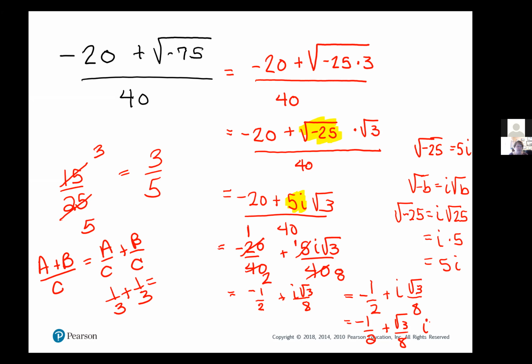I assume this is the preview for section 1.4. And this is not a bad thing to do. Oh no, don't ever do that.